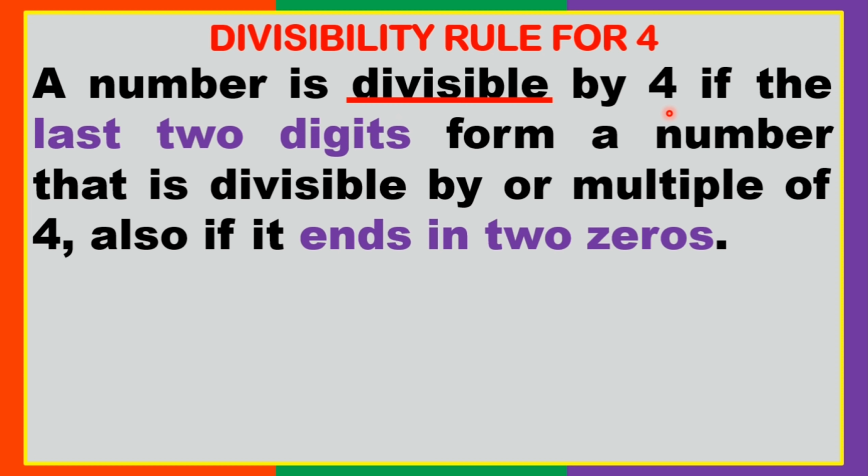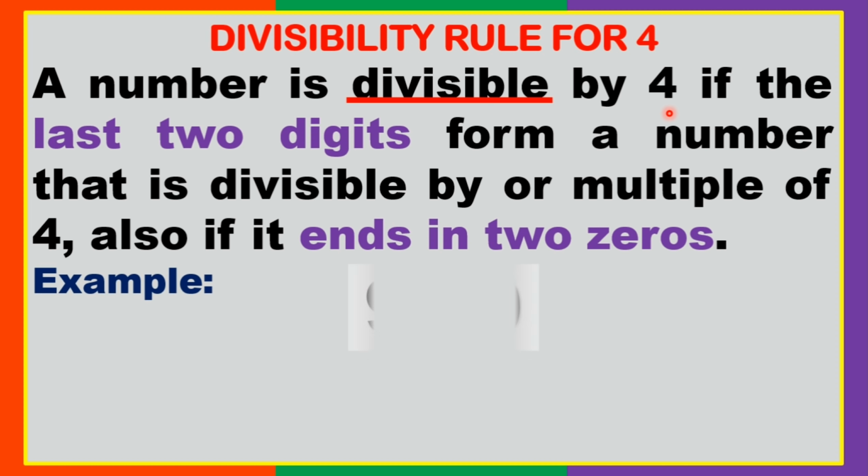And take note of the rule for number 4: last two digits, or ends in two zeros. If a number is composed of several digits, you just look for the last two digits. If it is divisible or multiple of 4 and ends in two zeros, that number is divisible by 4.